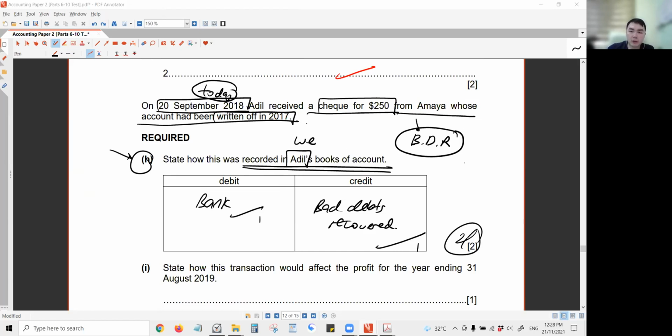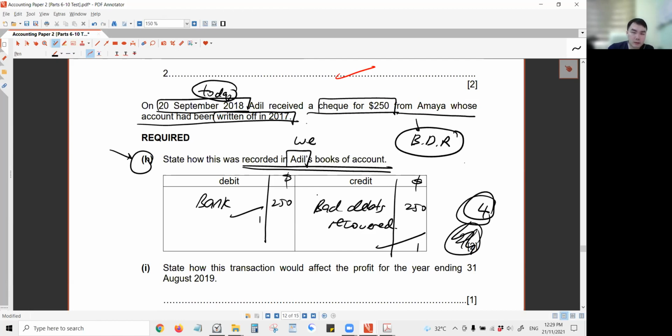If it's a 4-mark question, don't have to write as well, because you don't look at how many marks they give you here. You have to see whether they have the dollar column or not. Then only you decide whether to write the amount or not.